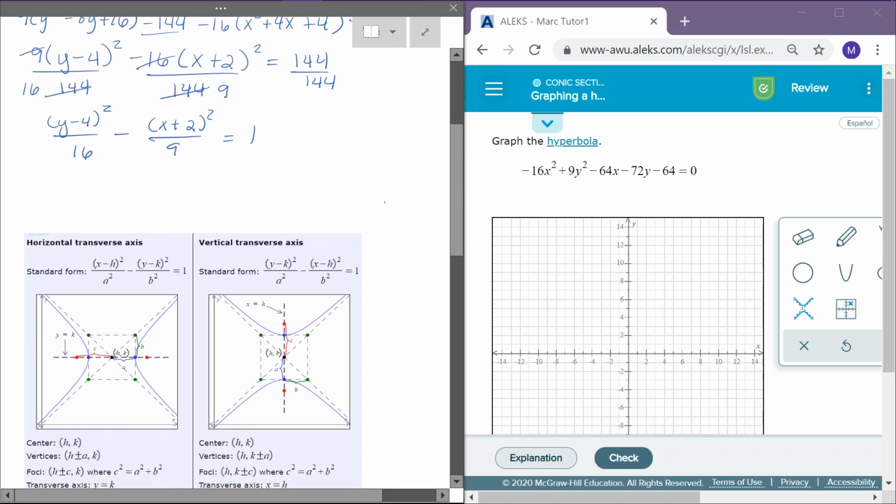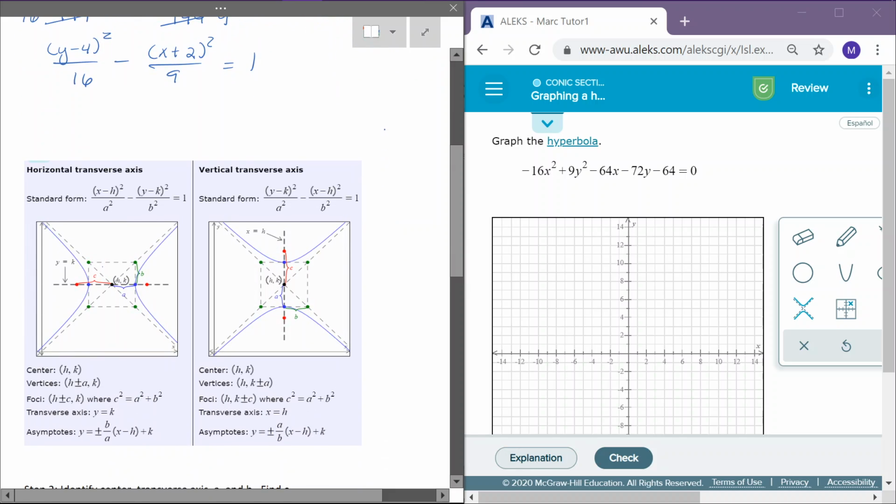Let's look at the difference between a hyperbola with a horizontal transverse axis and a vertical transverse axis. And then we can classify what we have here and move forward from there with our example.